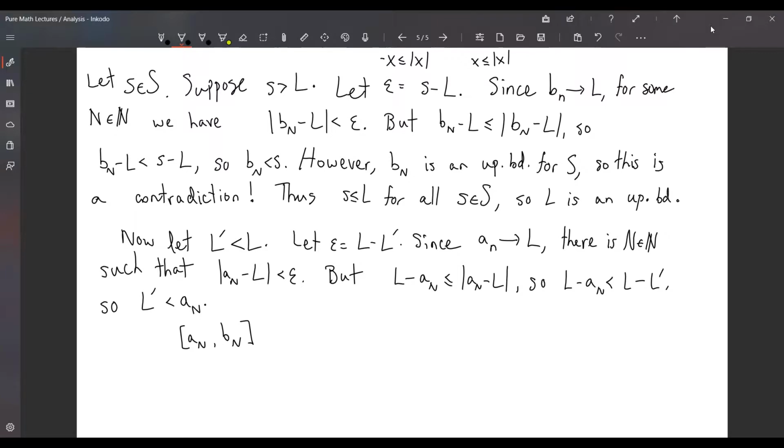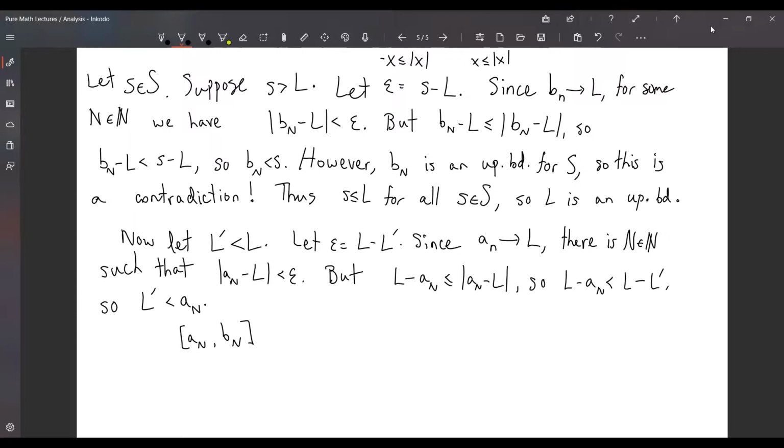Because when we define a sub 1, we said a sub 1 was less than S, so it's not an upper bound for the set big S, right? And for each iteration, if a stays the same, then we know it's not an upper bound.